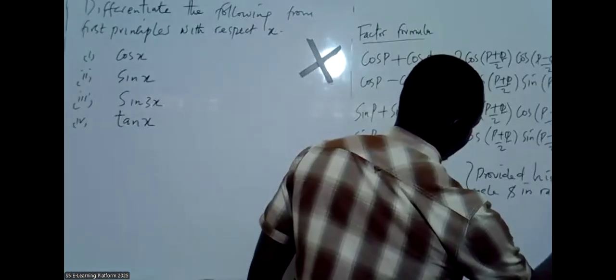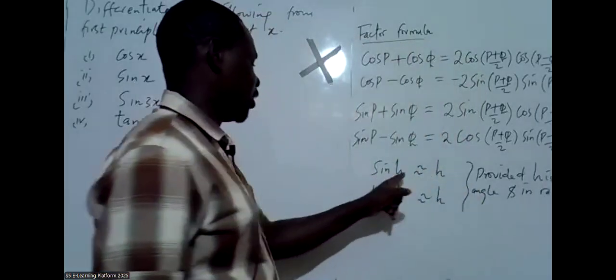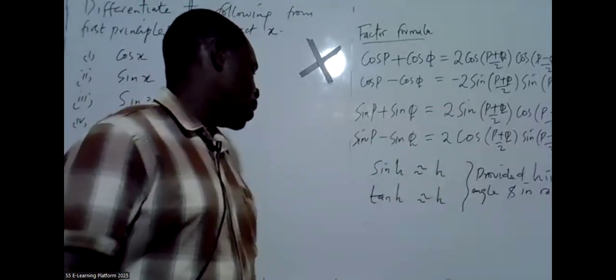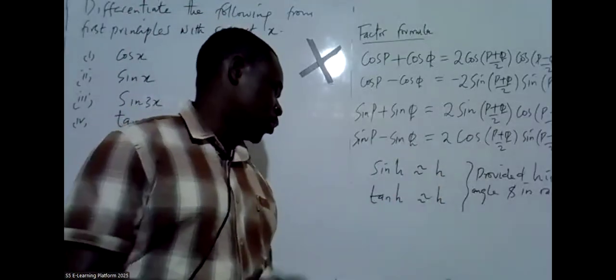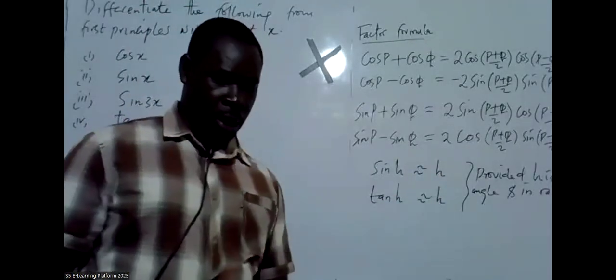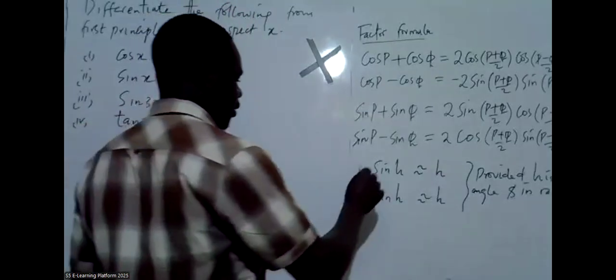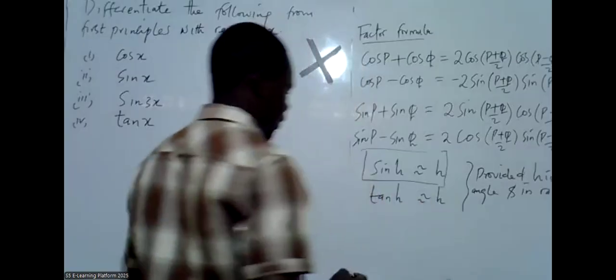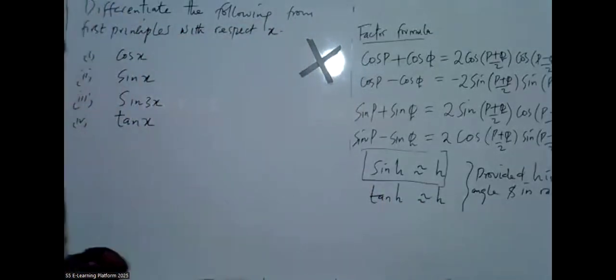If h is small and in radians, sine of that small angle will be approximately equal to h. Tan of that small angle will also be approximately equal to h. But the main one we shall be utilizing is this first one here. The other cases, we shall ignore them.